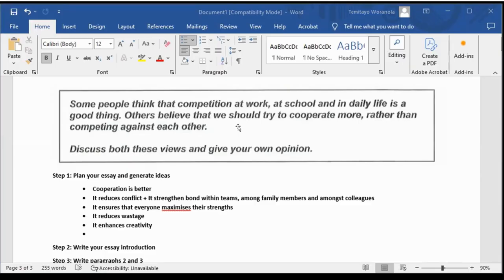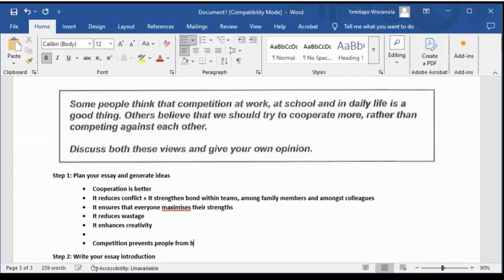So I'll just say maybe 1 or 2 points about competition. Let me write something here. Competition prevents people from being lazy. That's one major thing I can think of, so I'll use that as my major point for competition.